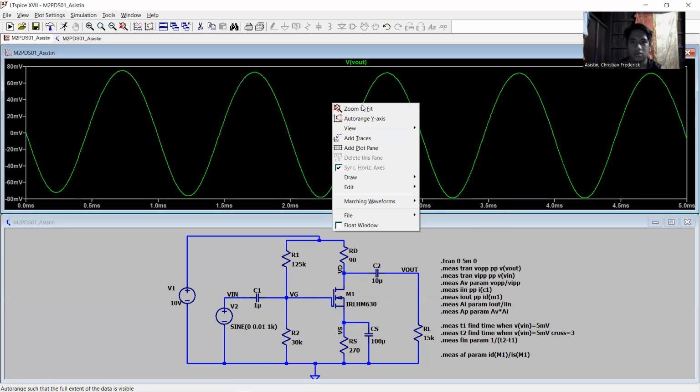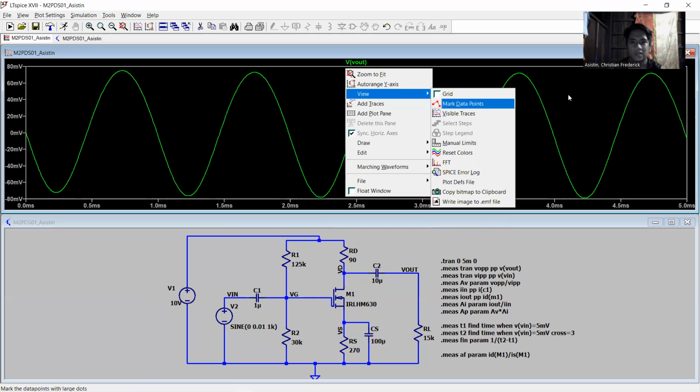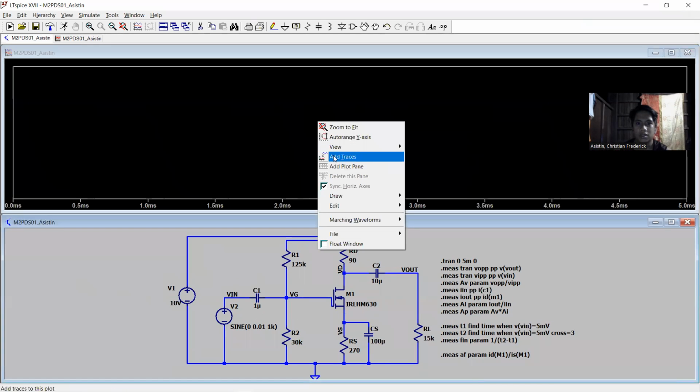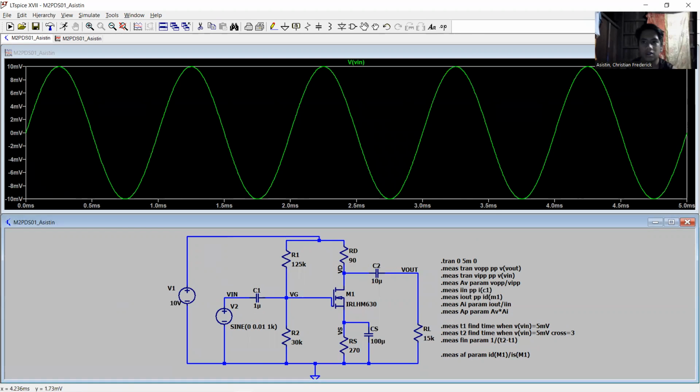So let's remove this. Then let's add V in. So as you can see here, the first phase didn't go down just like the V out, but instead it goes up around 10 millivolts and dips around negative 10 millivolts. And the cycle continues. And that's the reading of my V in and V out.